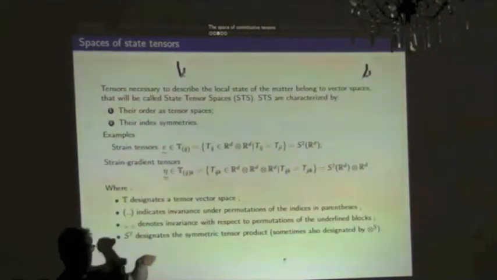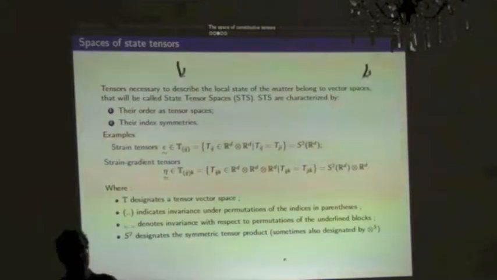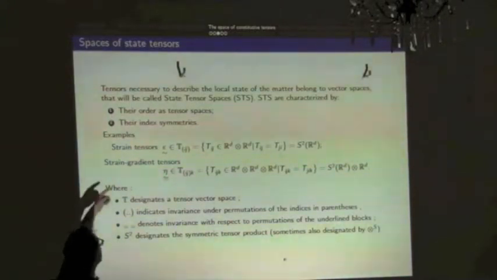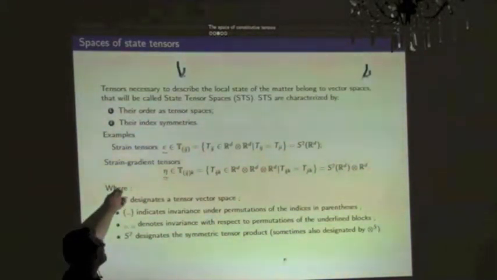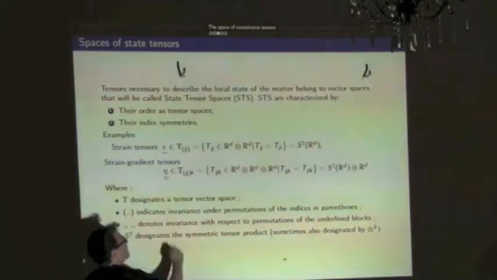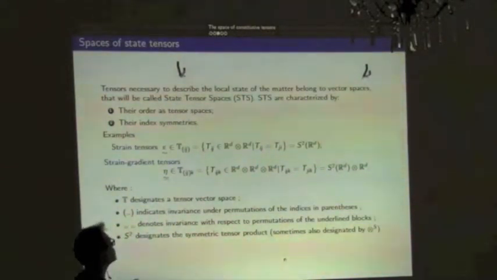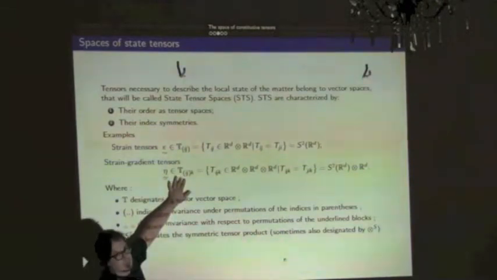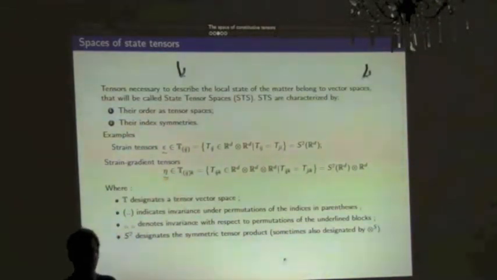Here, when I put parentheses, it means that I can interchange my indices without changing the result. So strain tensor is symmetric between permutation of the two first indices, and the strain gradient tensor is symmetric with respect to permutation of the two first indices, leaving the last one apart.